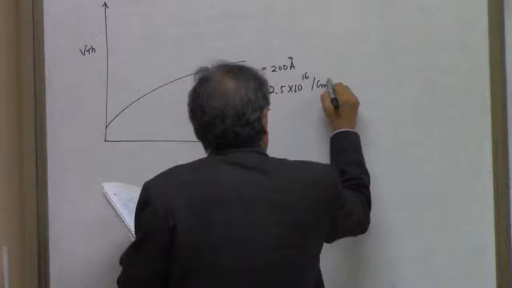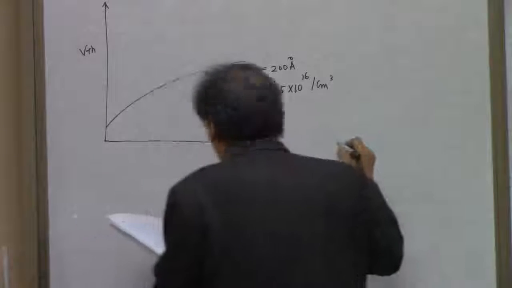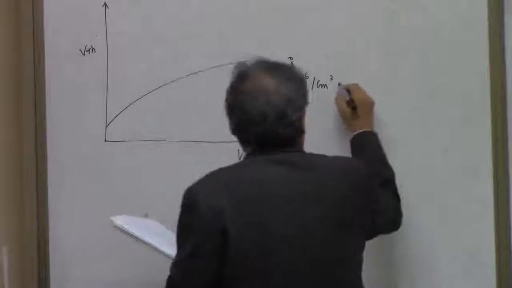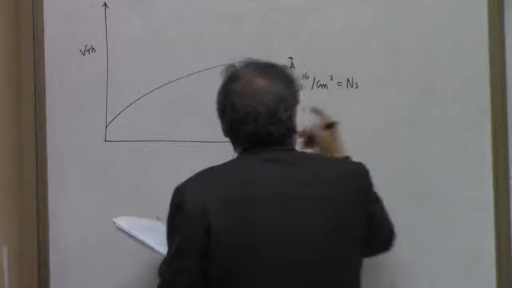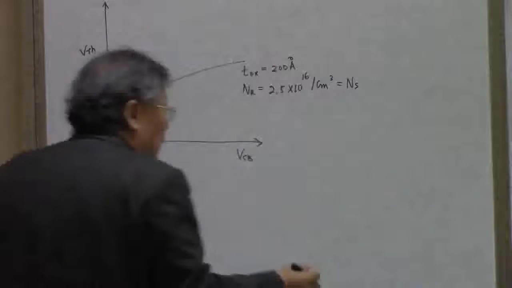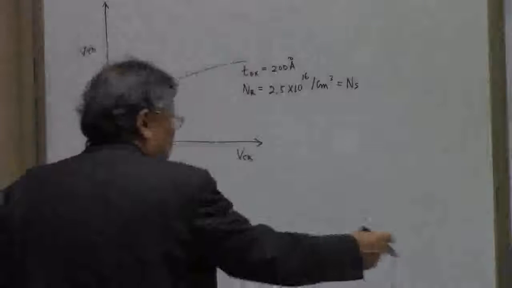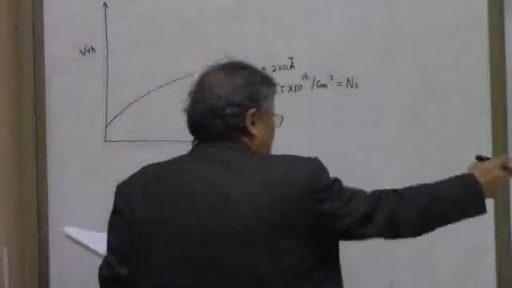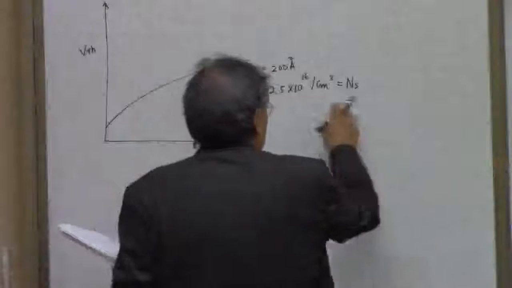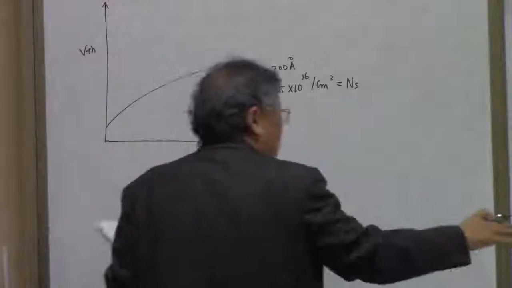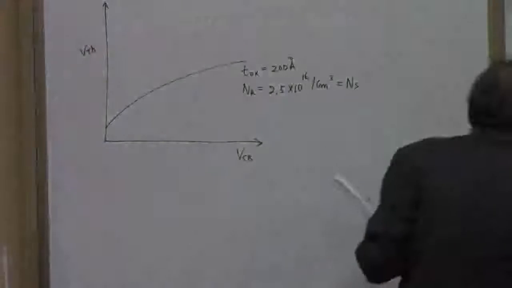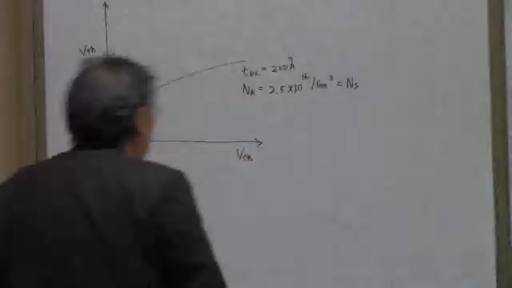This is a very normal value, and if you set these values equal to the channel implant, which means you actually do not do any threshold implant to compromise the situation, okay?